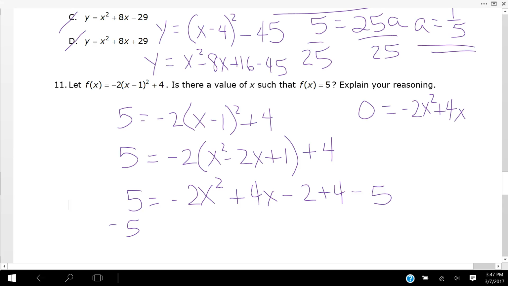I think I didn't do all this work a minute ago. I did not do all that work. Well, I graphed it for sure, and it didn't reach. The answer is no. What did I do a minute ago?